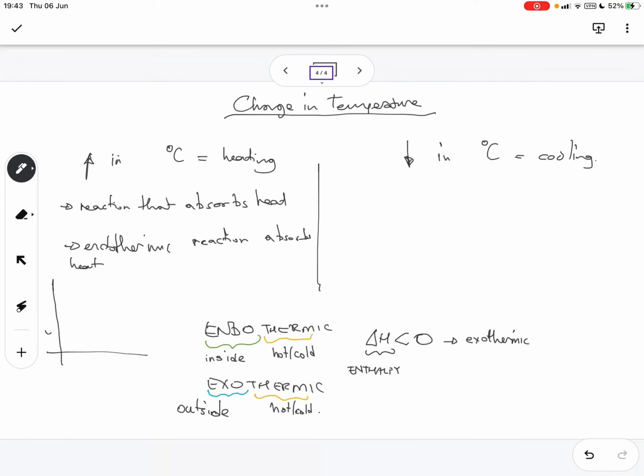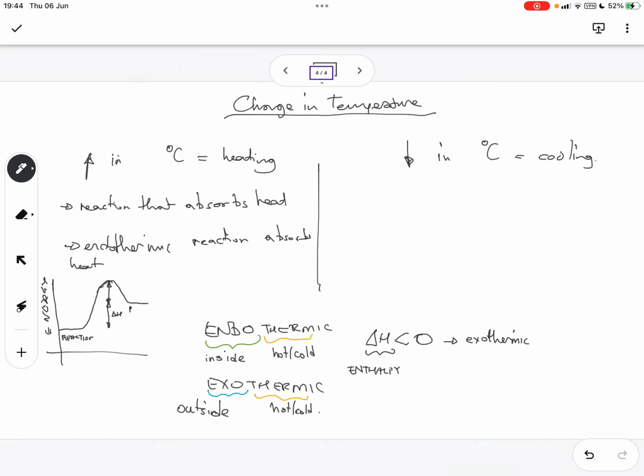So in our definition, we have an energy state here and we have our reactants, and the energy level is low.